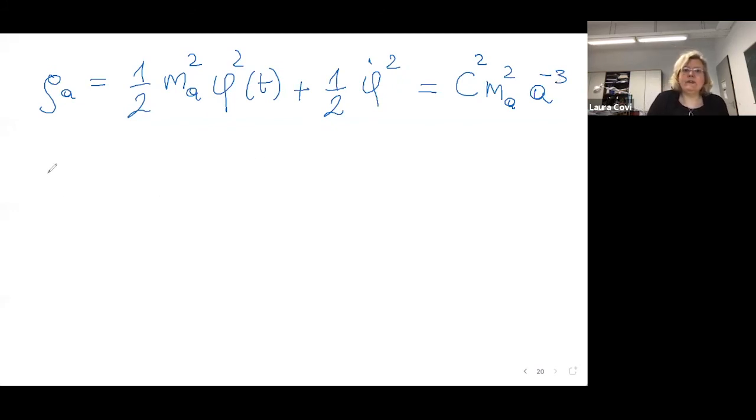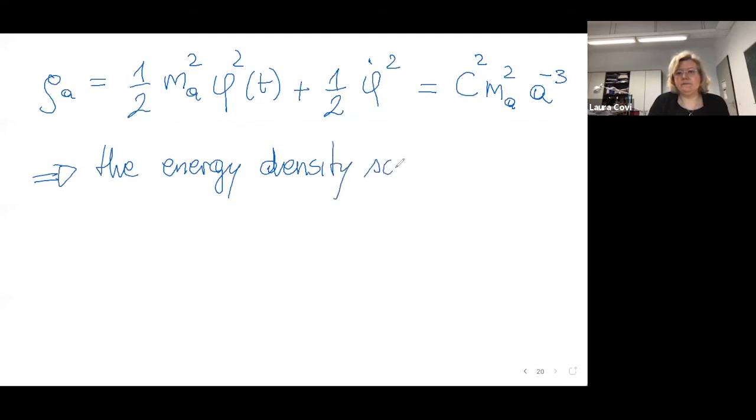Okay, so this means that the energy density does scale as matter. So a to the minus 3 is exactly the matter scaling.